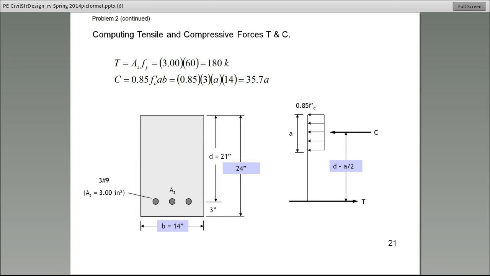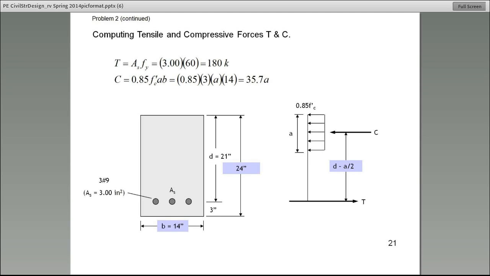This goes back to problem 2. The problem statement was given. You can go back. Helen, tell me, what slide number was it where we stated the problem? FY, the yield strength of steel, was 60,000.